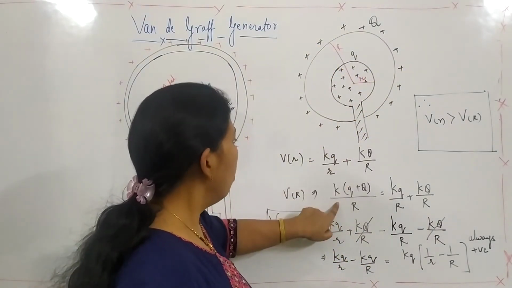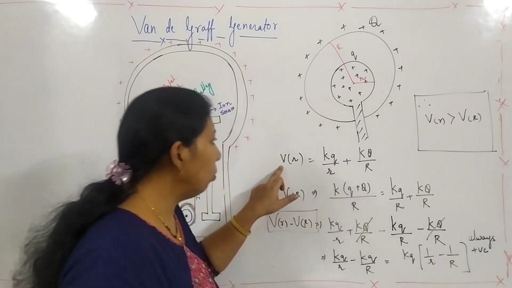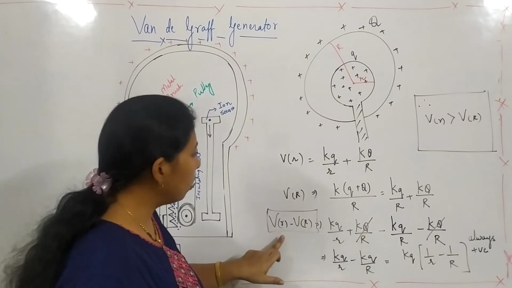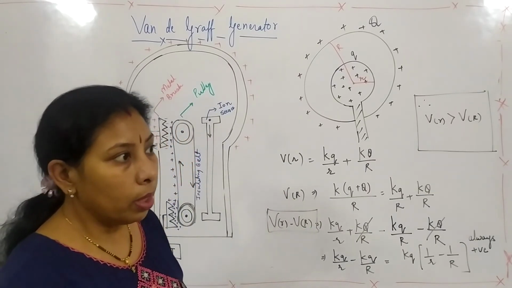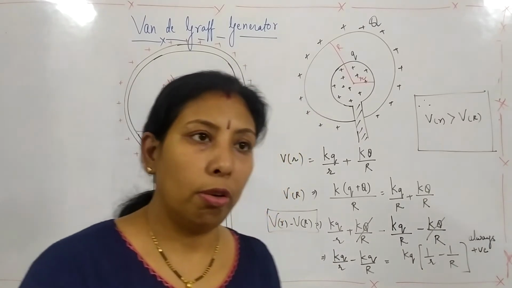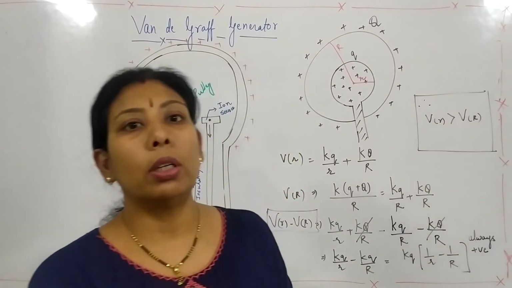Now what happens? We have to subtract the potential. What we have to do? We will do the subtraction V of small r minus V of capital R. I mean to say that I am going to subtract the potential of capital R, the bigger sphere, from that of the smaller sphere.